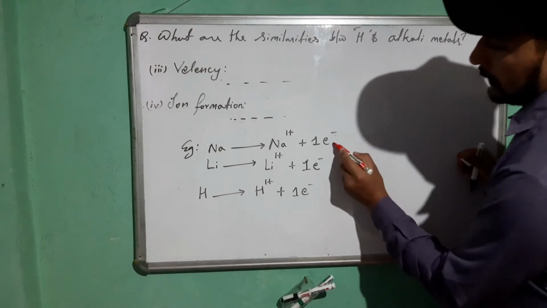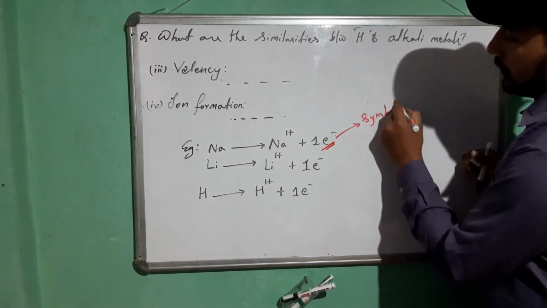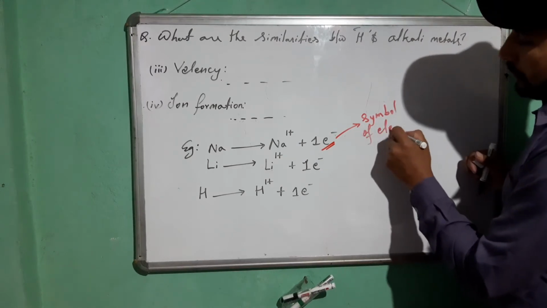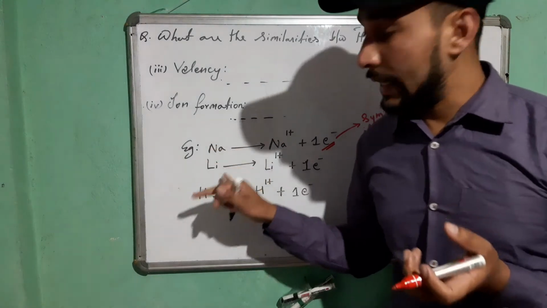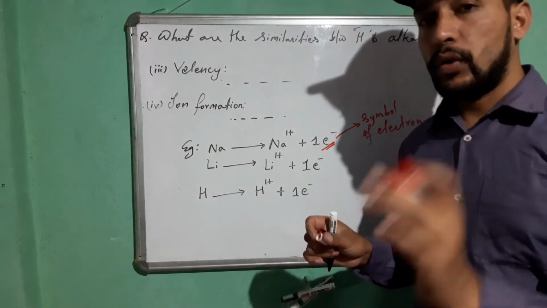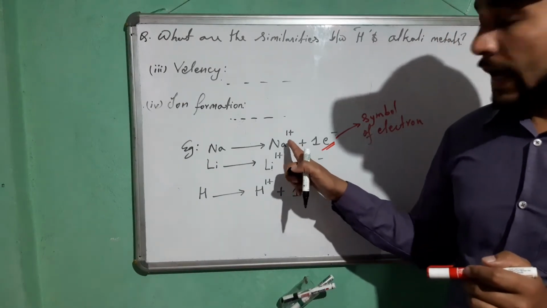So like alkali metals, hydrogen also forms unipositive ion.